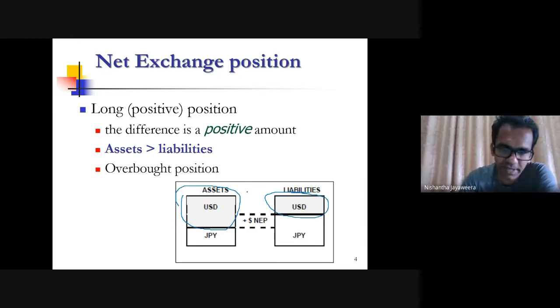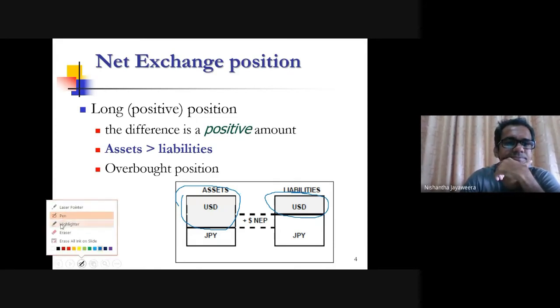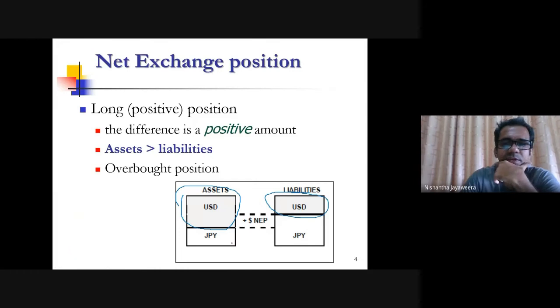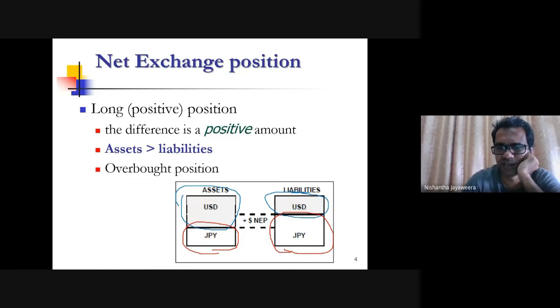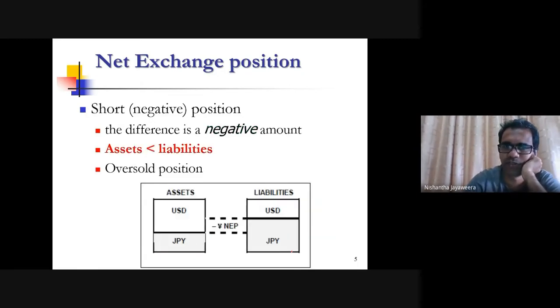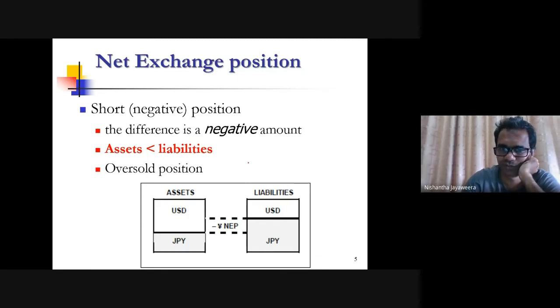But if we take the same balance sheet and change the currency to yen, what would happen? We have fewer assets in yen and more liabilities in yen. So therefore, in yen, assets minus liabilities would be a negative figure. We call it a negative position or a short position.